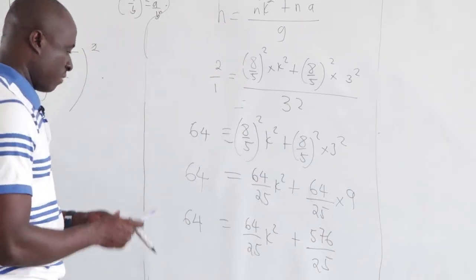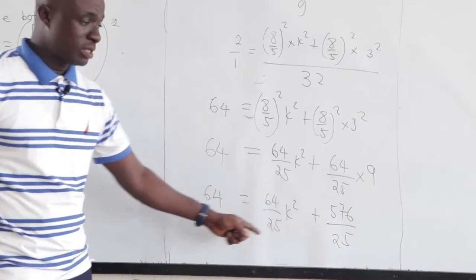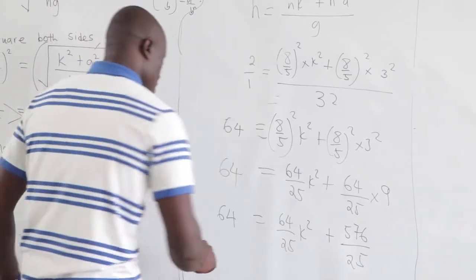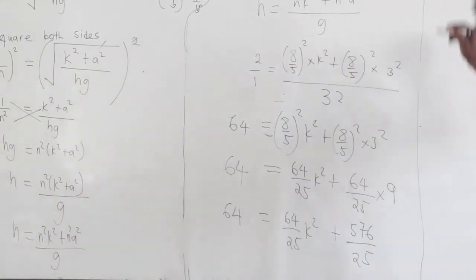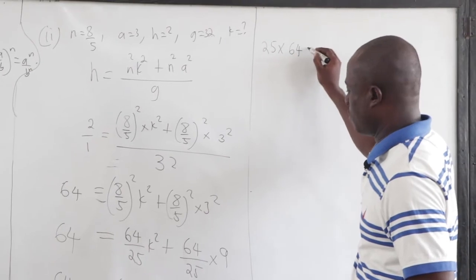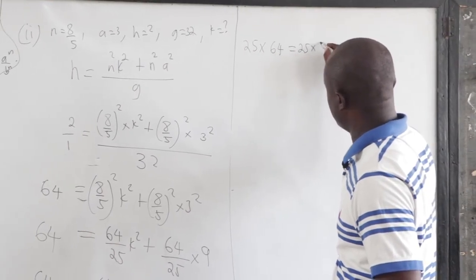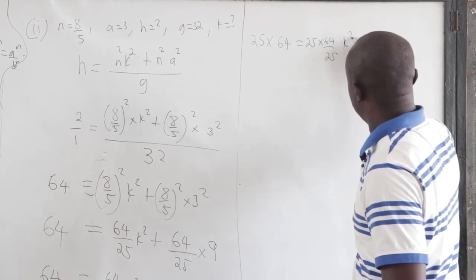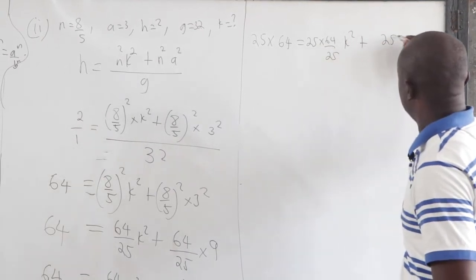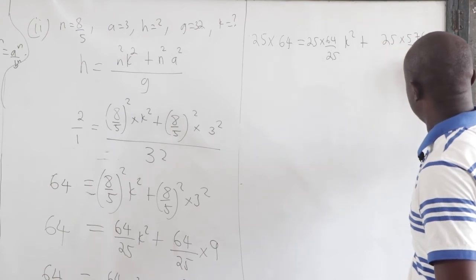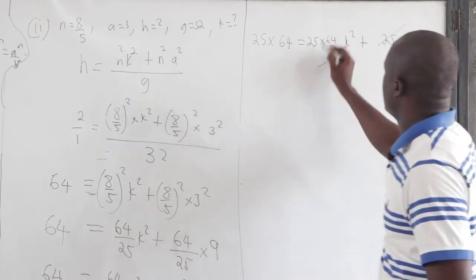Now, what is the LCM from here? LCM is 25. We have to multiply each time by the LCM. So, clearly, we have 25 times 64 equal to 25 times 64 over 25 k squared plus 25 times 576 all over 25. Now this is cancelling that, this is cancelling that.